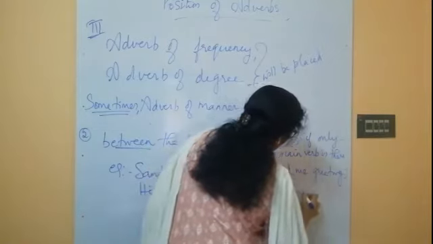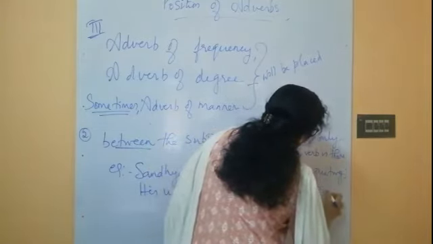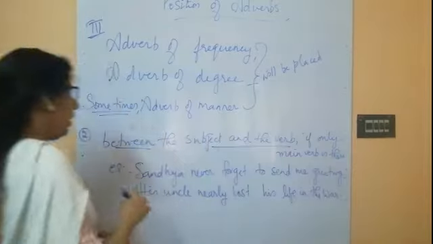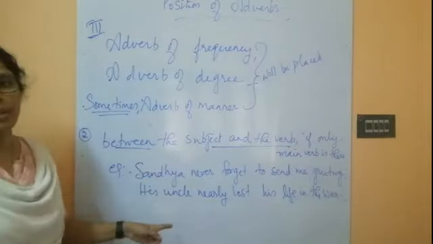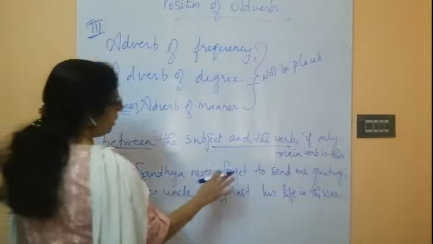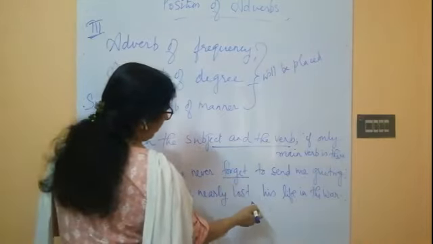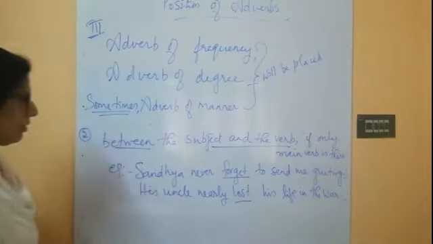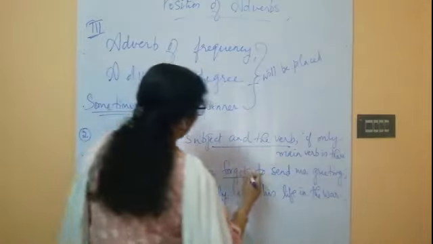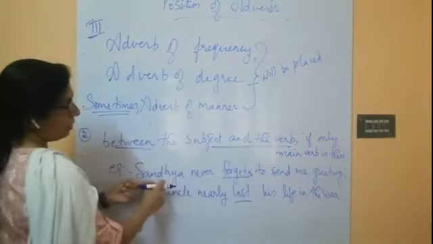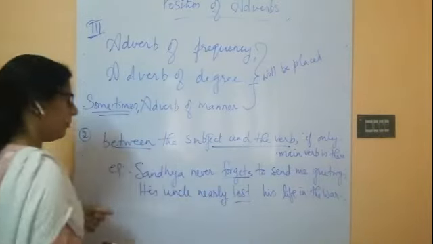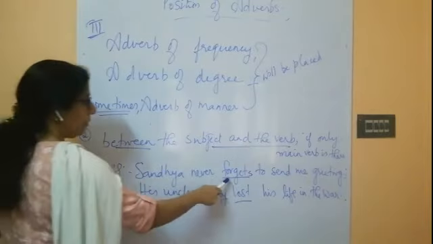So in these two examples, you can see that only main verb is there, forgets and lost. Forgets, singular subject, so singular verb. So only main verb is there.